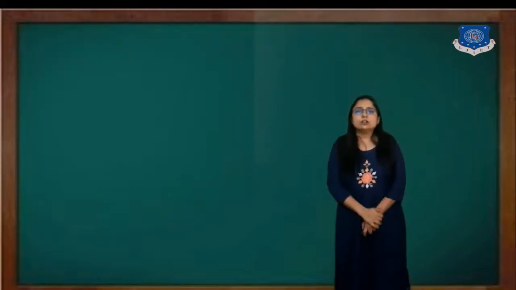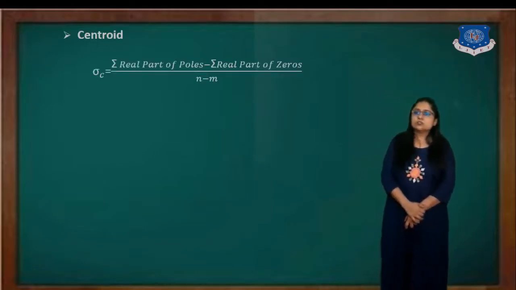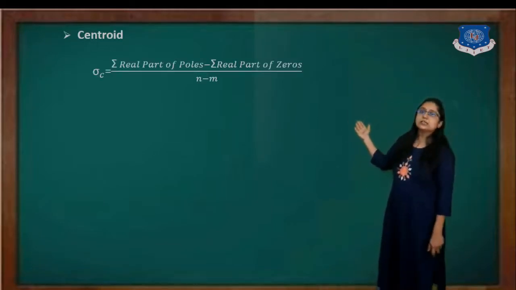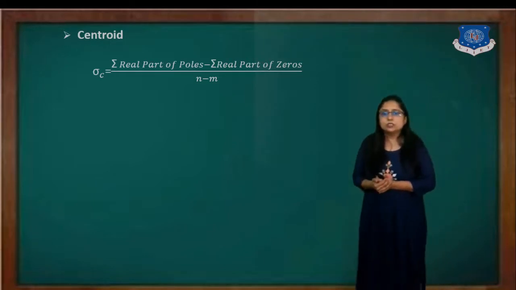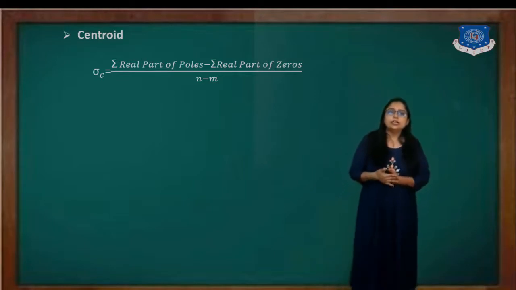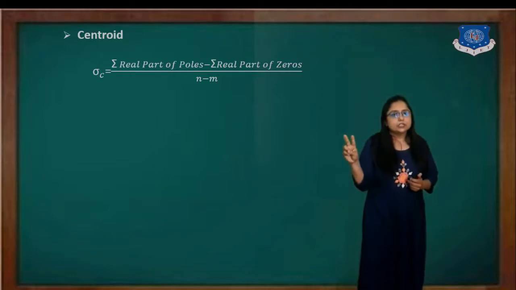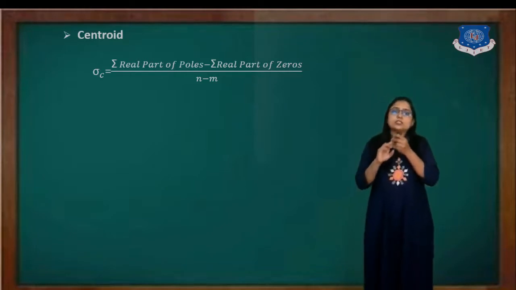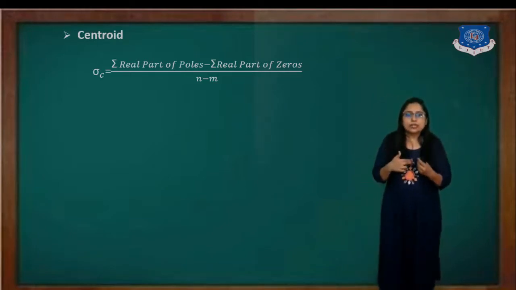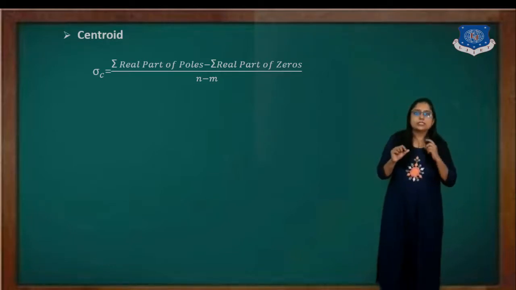Now the next step is to find the centroid. The equation is sigma c equals summation of real part of poles minus summation of real part of zeros, divided by n minus m. We know that we have 2 poles, one at 0 and another at minus 2, and both poles are real. If we have any complex number, then we just consider the real part of that complex number.